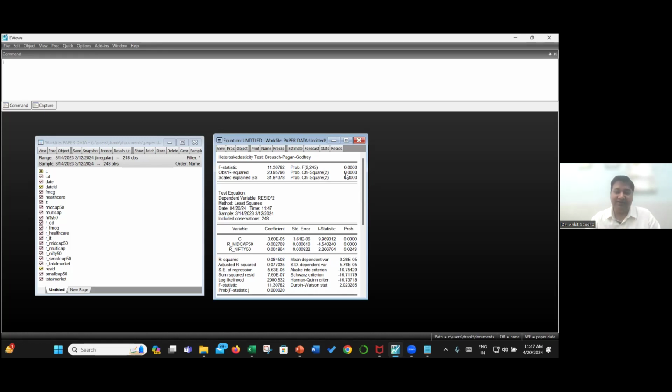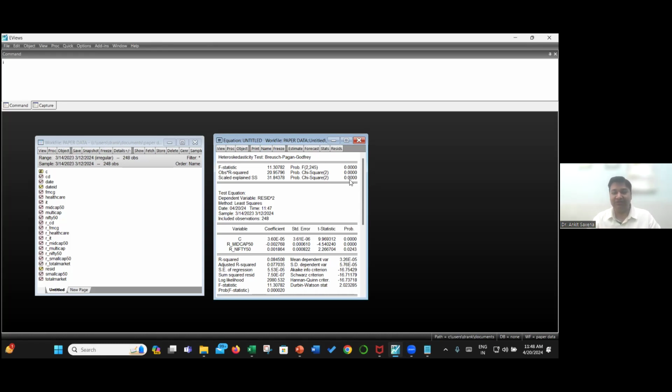But this happens in the capital market or any econometric data, which is very dynamic in range and nature. Here, what we are finding is an element of heteroscedasticity in my data, because the p-value is 0.000, which is less than 0.05. And when I say less than 0.05, I mean to reject my null hypothesis.